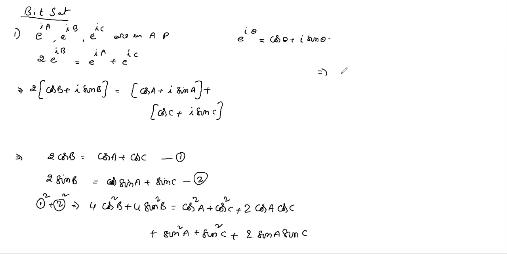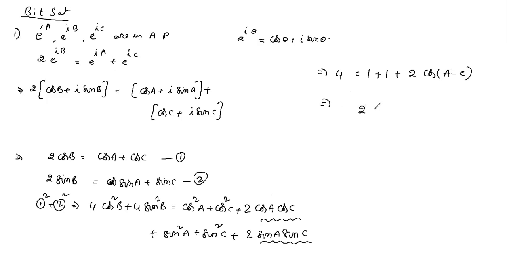So 4 cos square b plus 4 sin square b is 4. Cos square a plus sin square a is 1, cos square c plus sin square c is 1, plus 2 into (cos a cos c plus sin a sin c), which is cos(a minus c).